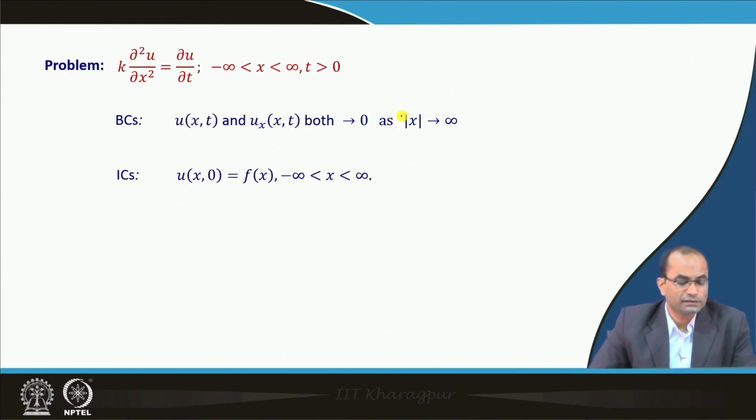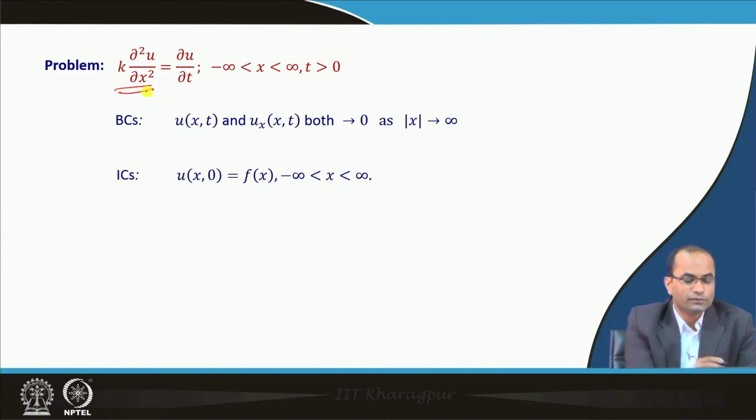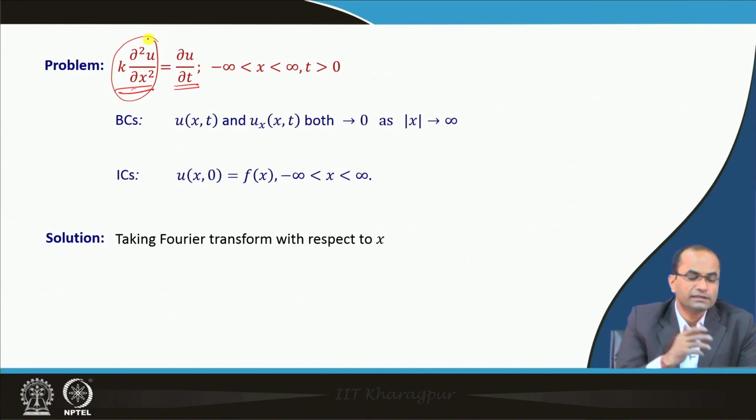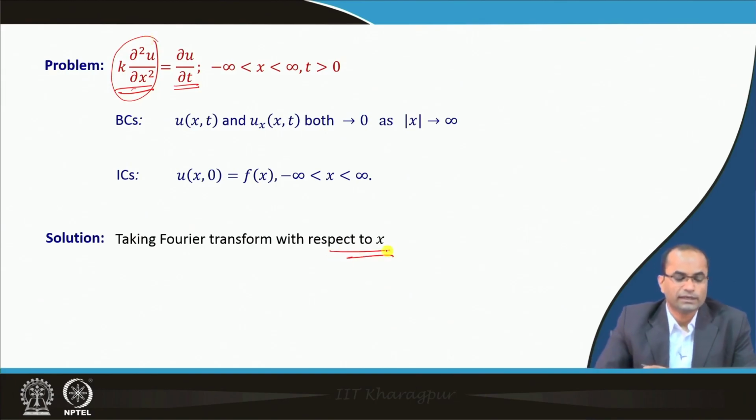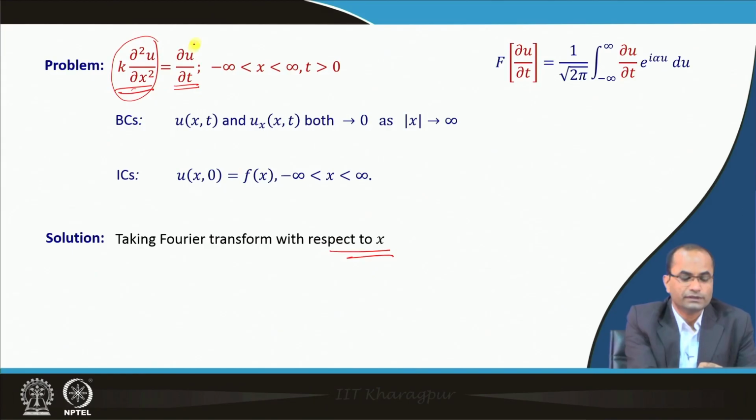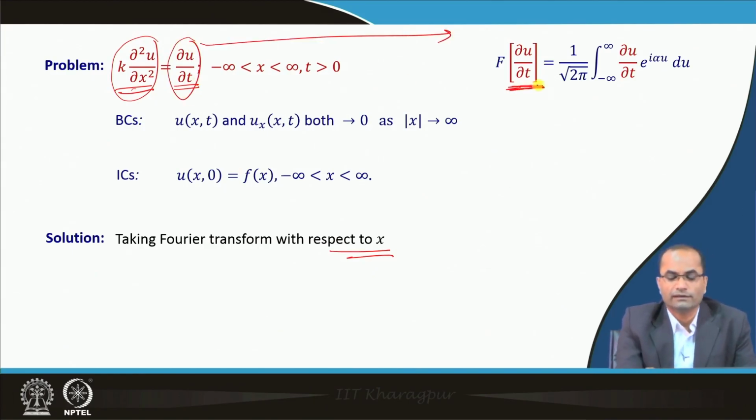So, if we apply the Fourier transform with respect to x, then what happens with respect to t? When we apply it with respect to x, t will be treated as a constant, the second independent variable being treated as a constant. For instance, if we look at the right hand side, which is with respect to t, we are not applying the Fourier transform with respect to t.